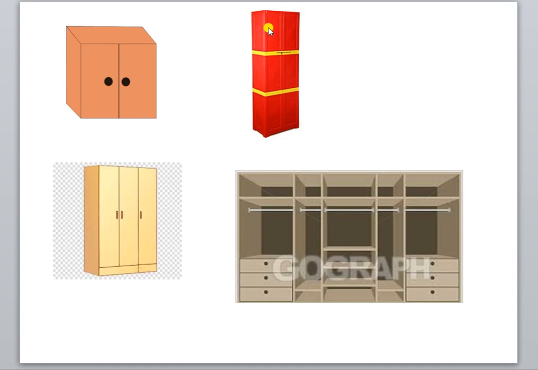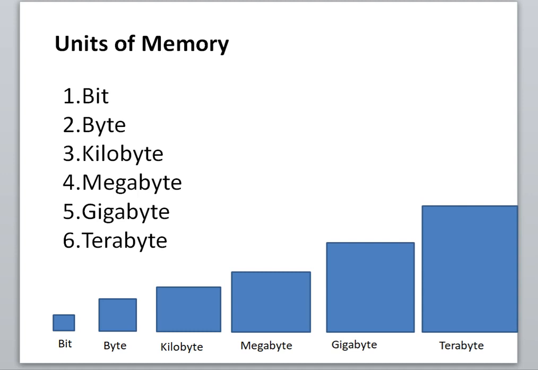Here you can store more clothes than the small cupboard. In the large cupboard you can store more clothes than these two cupboards. And this is a very large cupboard where you can store a large number of clothes. Or your jewelry also. Everything. Like these, the storage devices also have different capacities that are known as units of memory.